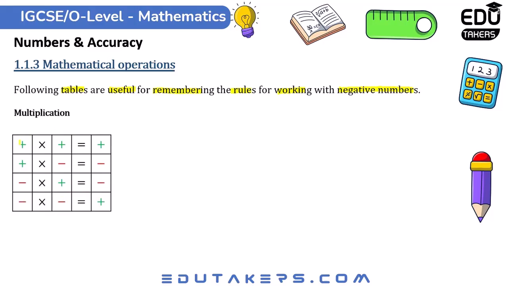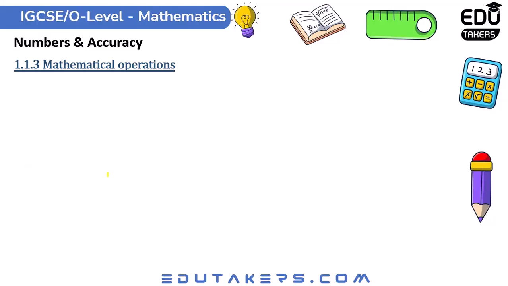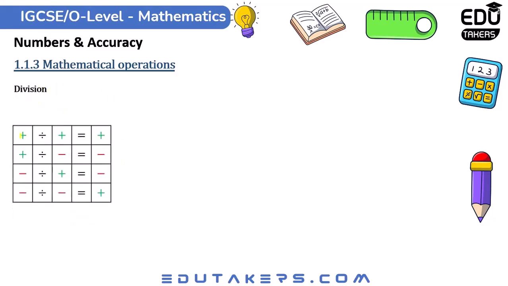So if we have two numbers with the same sign, the result will be positive. And if we have two numbers with opposite signs, the result will be negative. Same is for division. If we have two numbers with the same sign, the result will be positive. And if we have two numbers with opposite signs, the result will be negative.